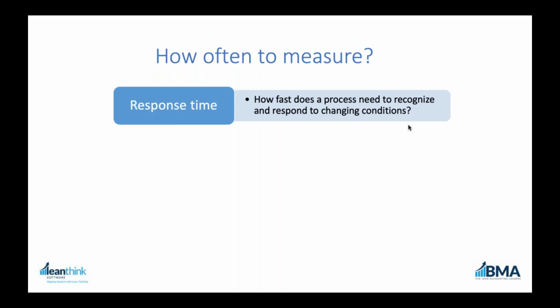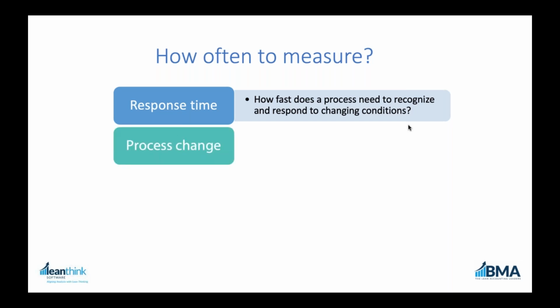So how often do you need to measure? Well, it depends on the process, in terms of how fast the process and the people that work in it need to recognize and respond to changing conditions or the idea that there's some abnormality.